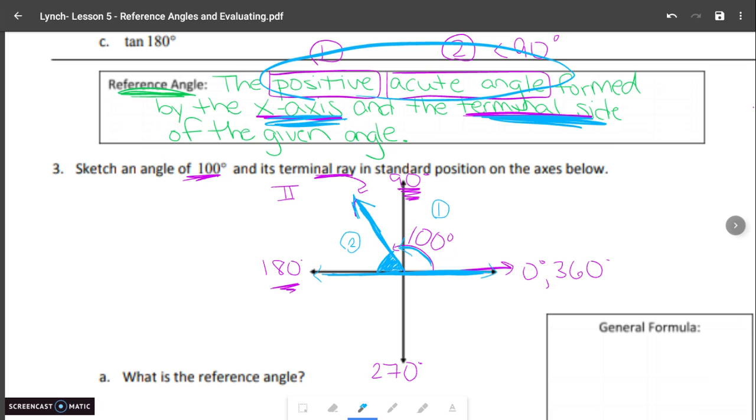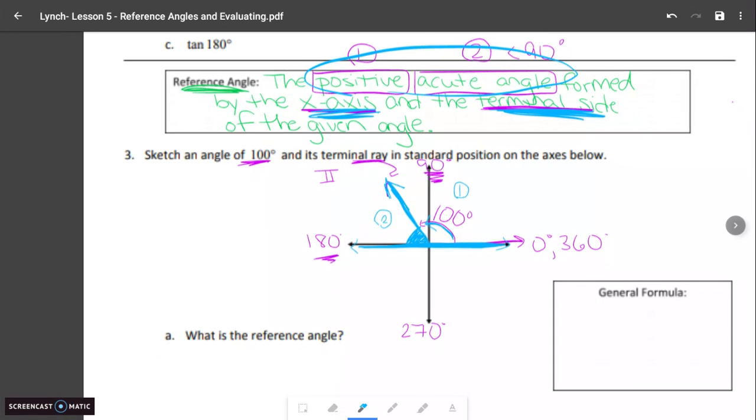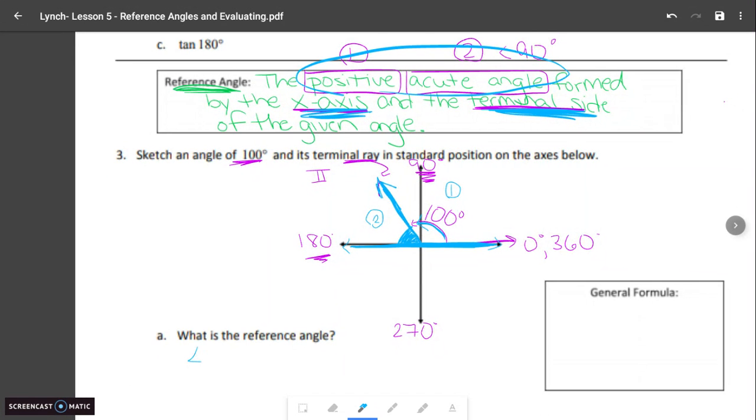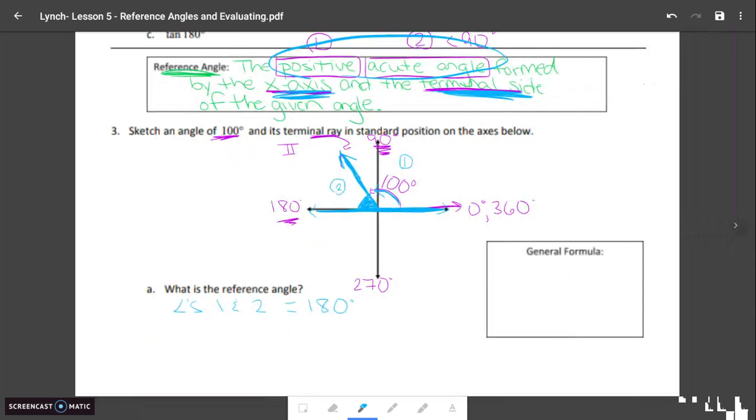Well, if you take a look, these angles 1 and 2 that I have here together form a straight line on the x-axis. So I know that angles 1 and 2 have to equal 180. If I want to get angle 2, I can do 180 minus that angle of rotation of 100 degrees.